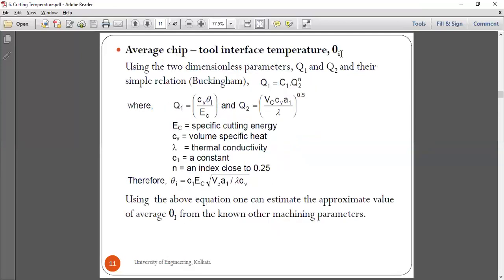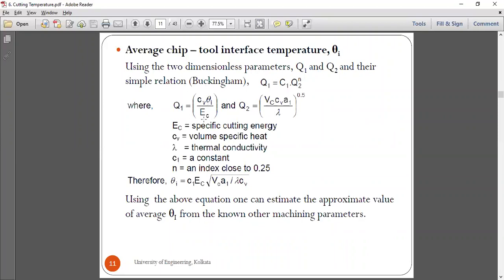Next is your theta I, that is the temperature at the chip tool interface. Using the two dimensionless parameters Q1 and Q2, there's a Buckingham relation which we use, that is Q1 equals C1 into Q2 to the power n, where Q1 is CV theta I by EC.